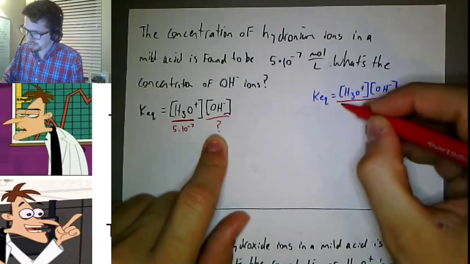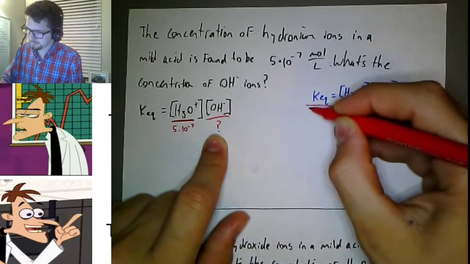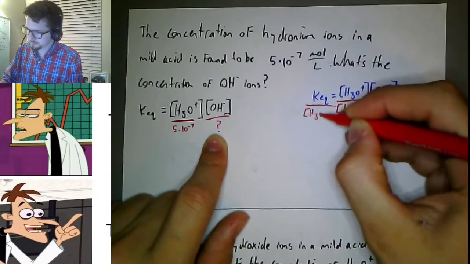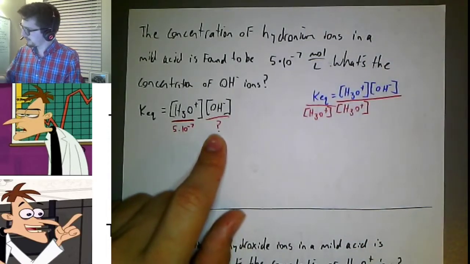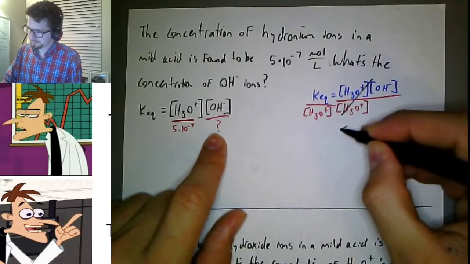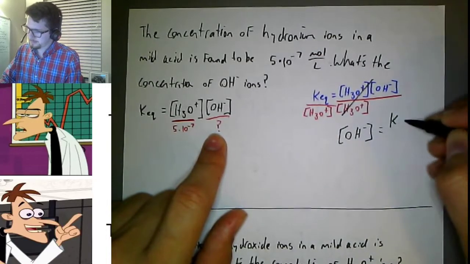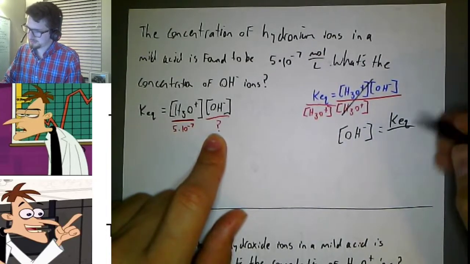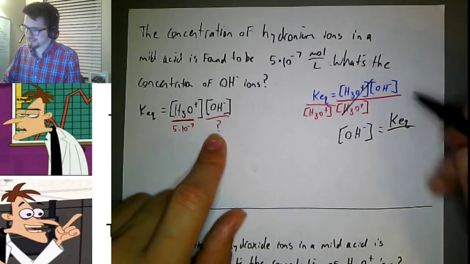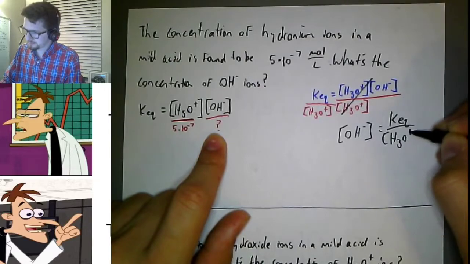So I'm going to divide both sides by H3O plus, by my hydronium. That way these cancel out, and I am left with OH minus equals my ionization constant of water over H3O plus.